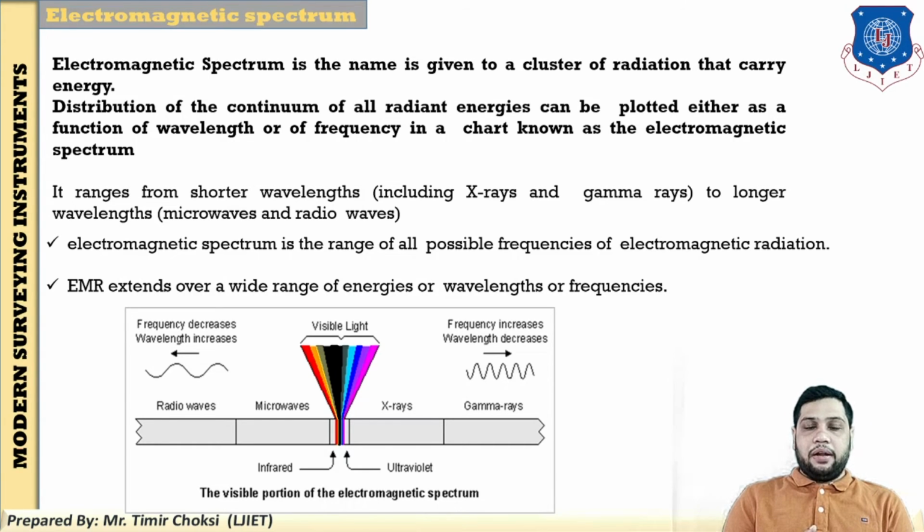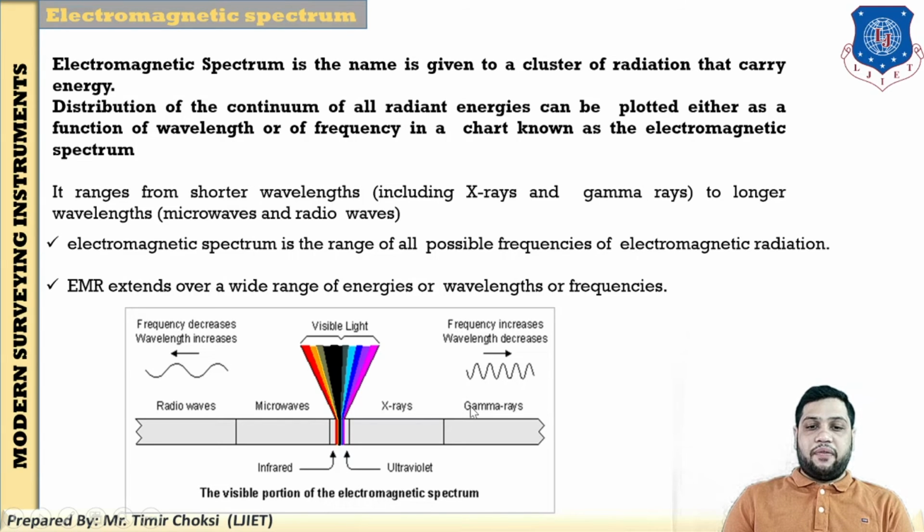EMR, electromagnetic radiation, extends over a wide range of energy, wavelength, or frequency. Here the visible portion of the electromagnetic spectrum is clearly seen. First gamma rays, then X-rays, then visible light, then microwaves and radio waves. Frequency increases for gamma rays and X-rays while wavelength decreases. Toward the other end, frequency decreases and wavelength increases. So it is vice versa.